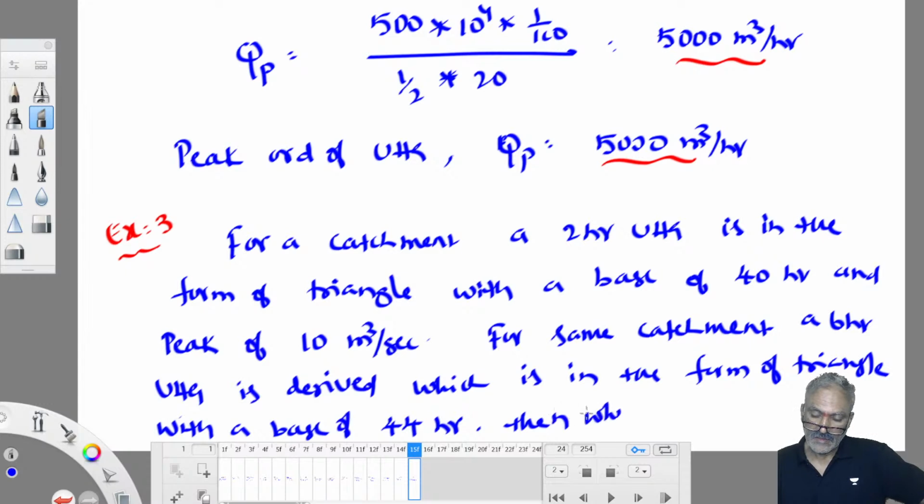Then what will be the peak of the 6-hour unit hydrograph? That was the question.